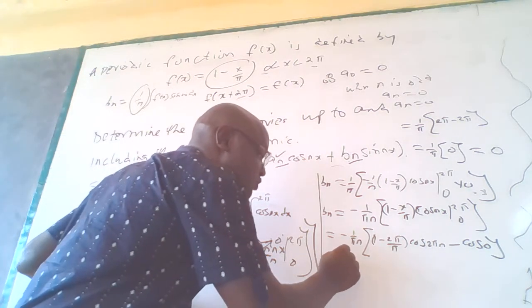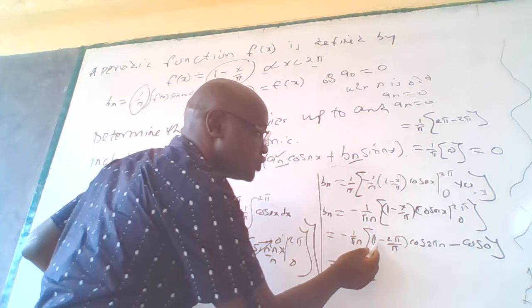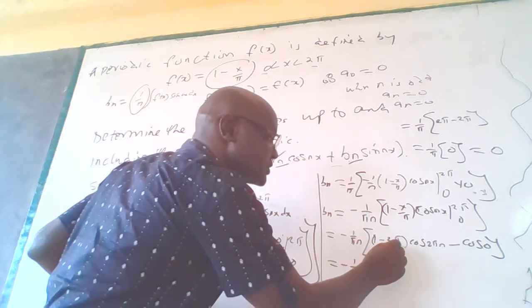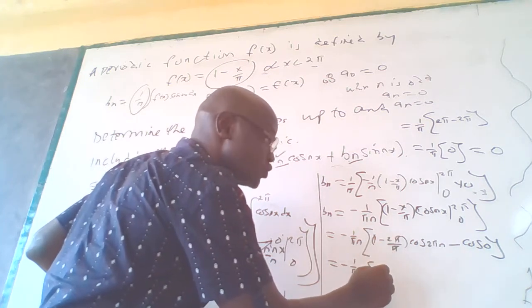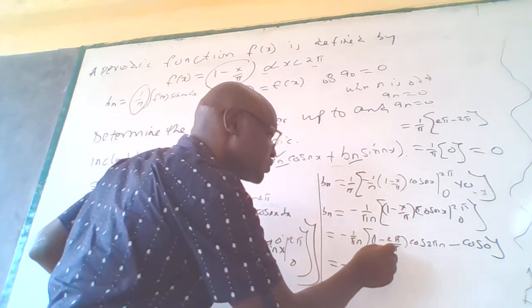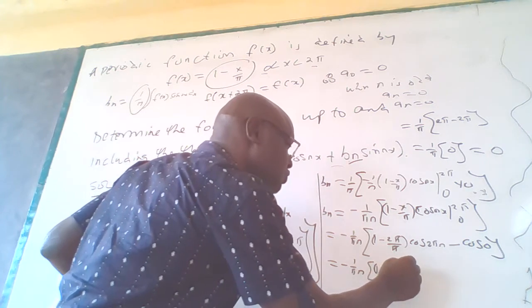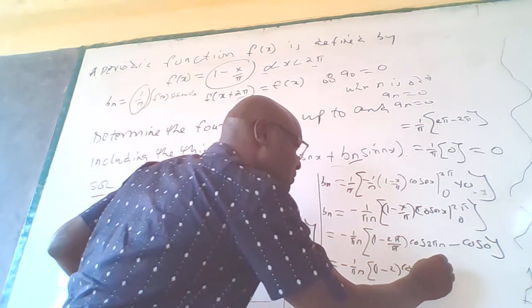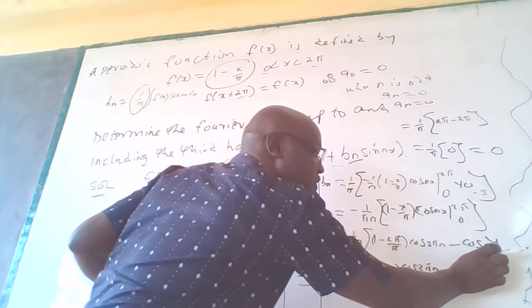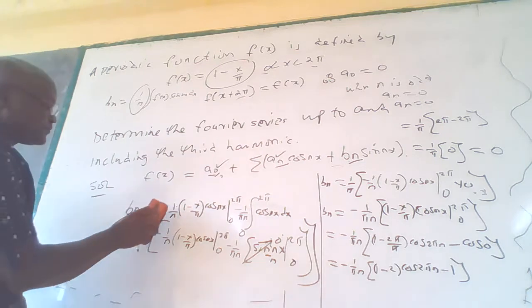So this equals minus 1 over pi n into 1 minus 2, which remains minus 2... actually 1 minus 2 leaves minus 1, times cos 2 pi n, minus cos 0. Now cos 0 is 1.